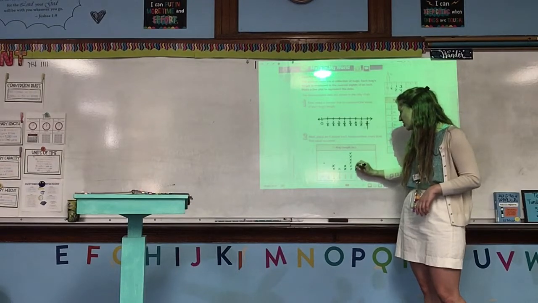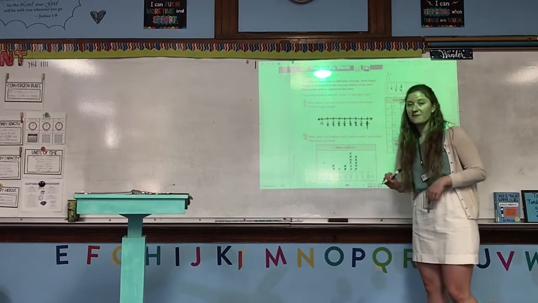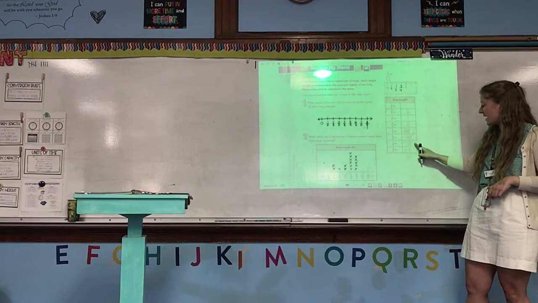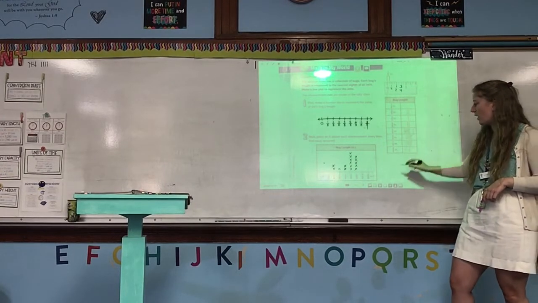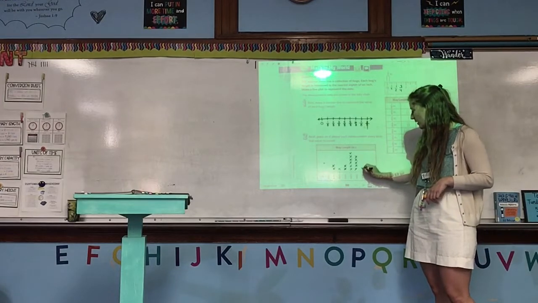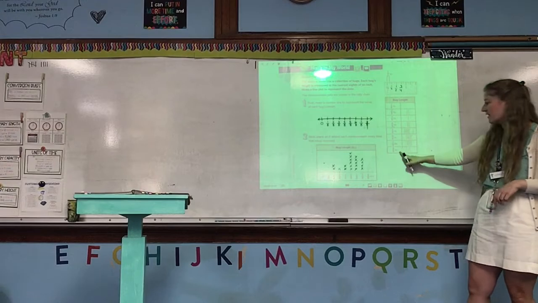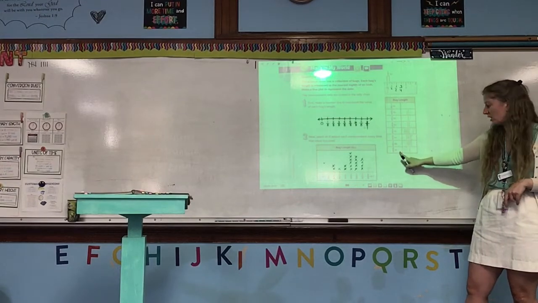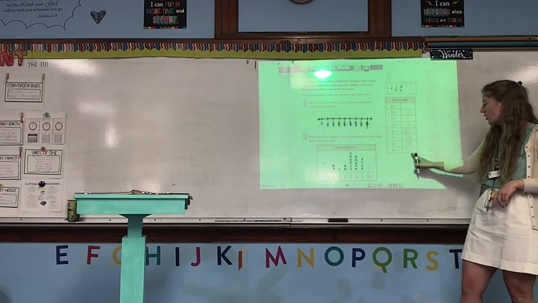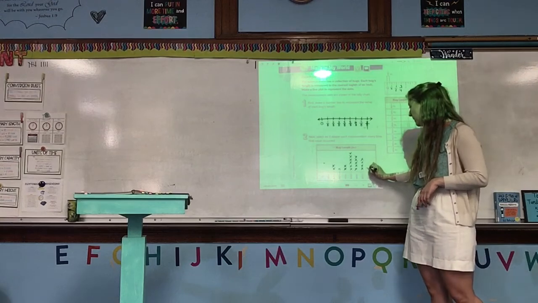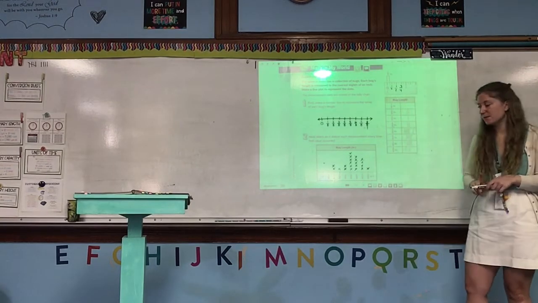Now for 7/8, we have 1, 2, 3, 4. So above 7/8, we're going to put 4 X's. And then above 8/8 of an inch, which we know is the same as 1 inch, we have 1 bug. So we're going to put 1 X.